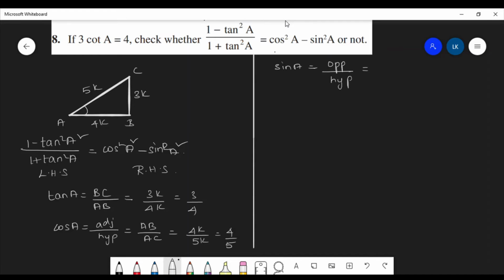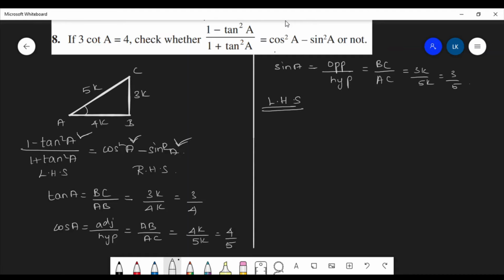The opposite side of A is BC, so BC by AC is equal to 3k by 5k, which is 3 by 5. Therefore we have found tan A, cos A and sin A, and let us solve the problem.